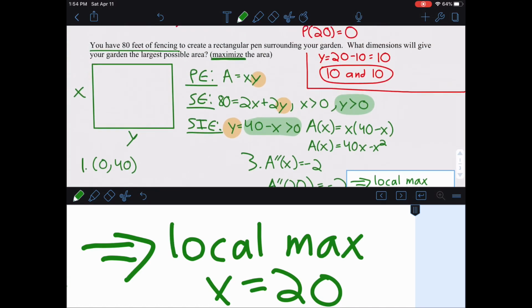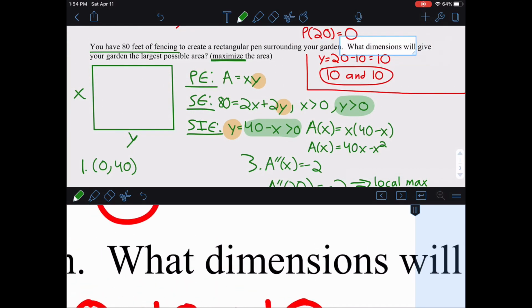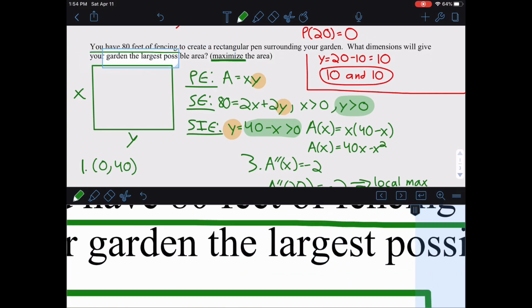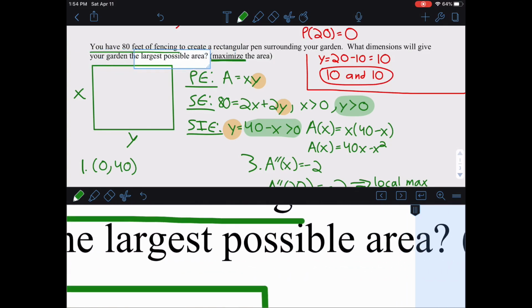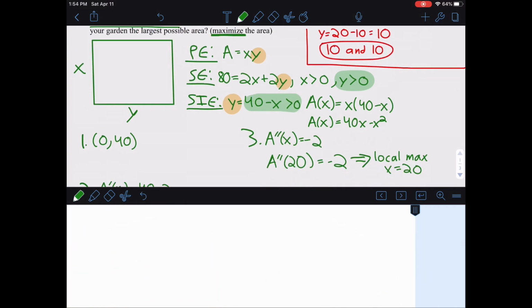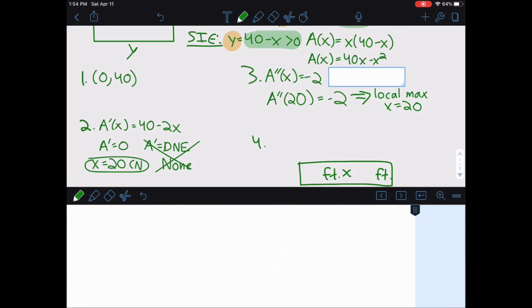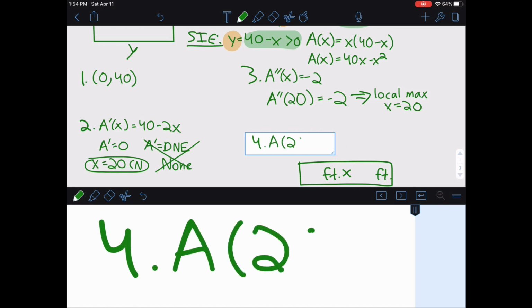So step 4, we can just answer the questions. What dimensions will give your garden the largest possible area? We can also find the largest possible area by taking 20 and plugging it back into our area function. I'm going to do that, even though the question doesn't ask for it, because I am curious.